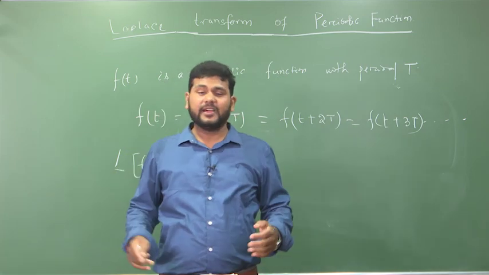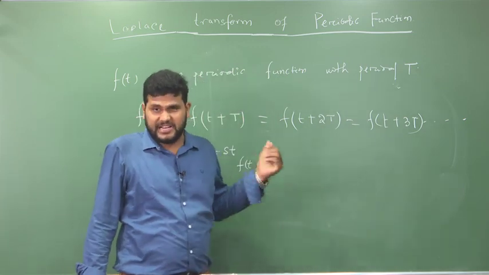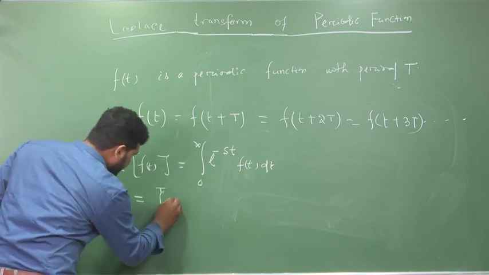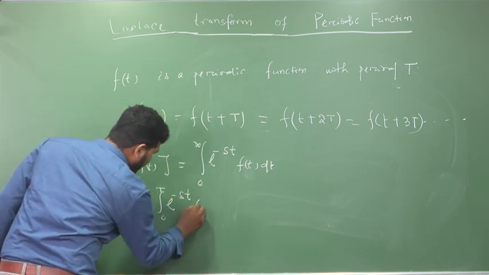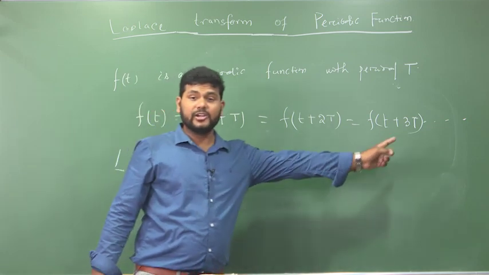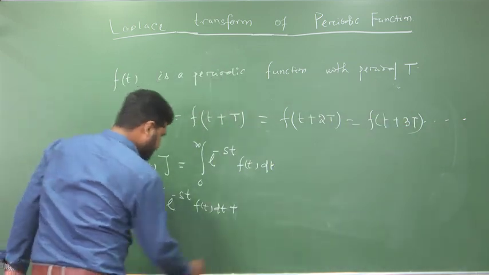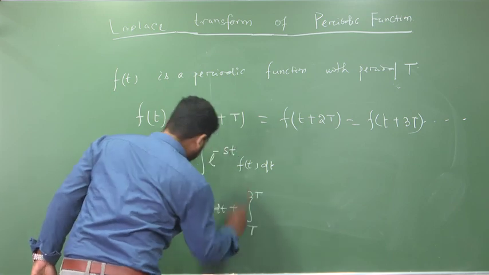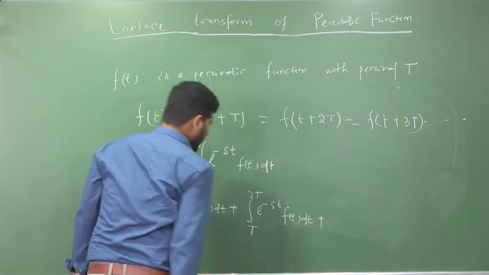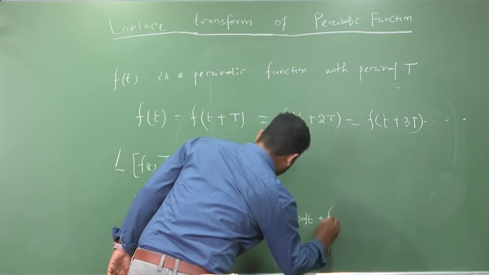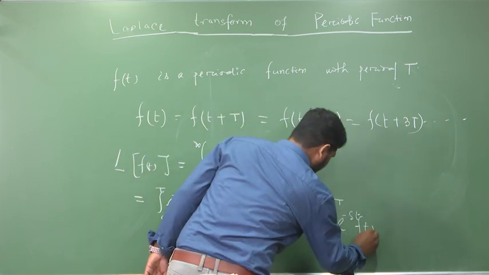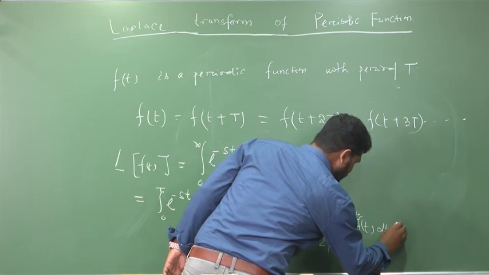That's my technique of integrating such a periodic function. So from 0 to T, e to the power minus st f of t dt, then from T to 2T, e to the power minus st f of t dt, again from 2T to 3T, e to the power minus st f of t dt, and so on.